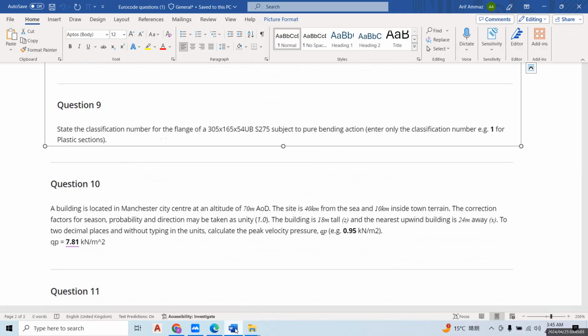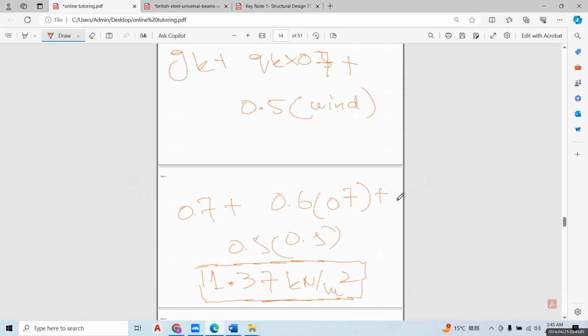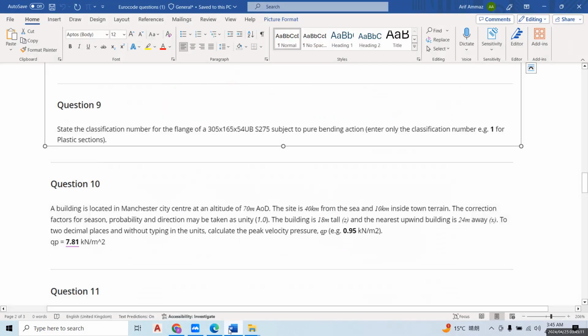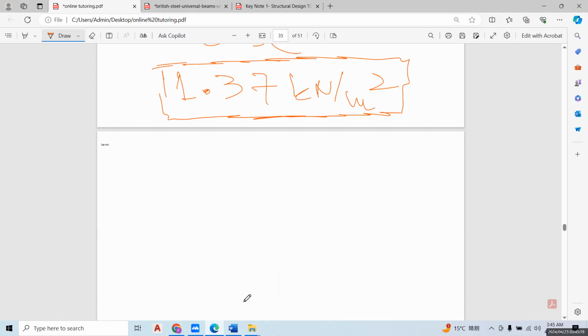So again you need to first write down the section, like 305, 165, and 54.